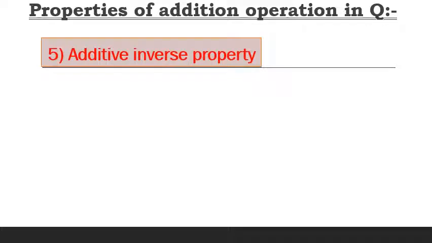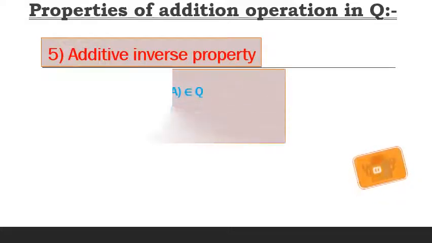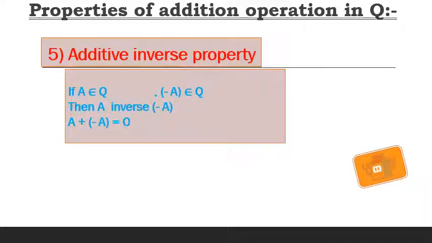The last property is additive inverse. What is the meaning of additive inverse? For every rational number A, there exists an additive inverse to it, negative A, where A plus negative A equals 0. Okay?